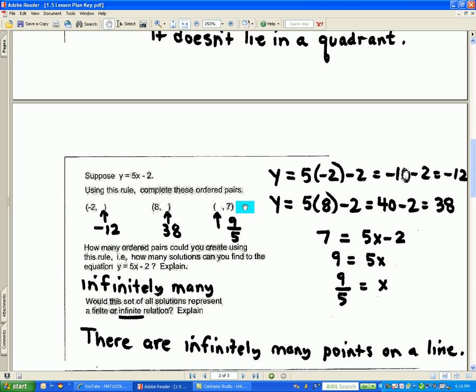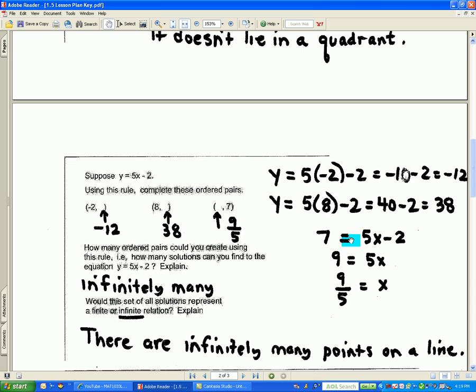Now the next ordered pair that we're asked to complete has nothing in the front of the ordered pair, then there's a comma 7. So what we're being told here is that the y value is 7, but the x value is missing. So this time we go to the equation y equals 5x minus 2, but instead of putting the 7 in for x, we put it in for y. So the equation becomes 7 equals 5x minus 2.